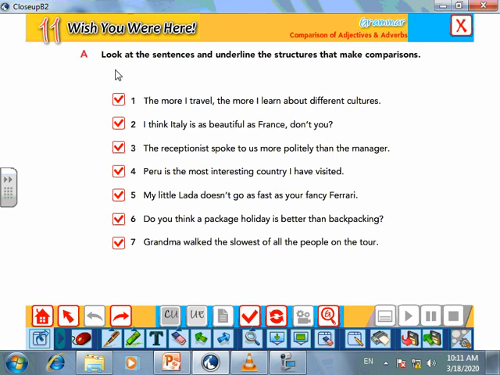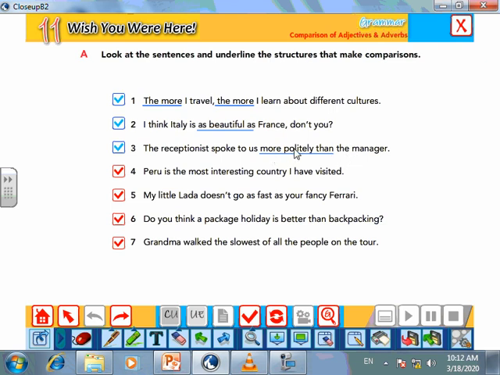Look at the sentences and underline the structures that make comparison. Number 1. Excellent. The more, the more. The more I travel, the more I learn. Number 2. I think Italy is as beautiful as. Excellent. So as beautiful as. Very good. 3. Excellent. More politely than.